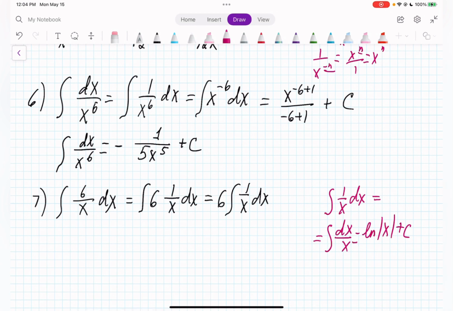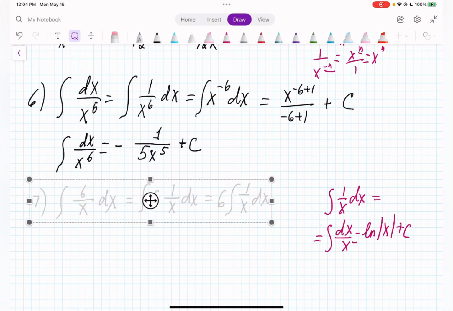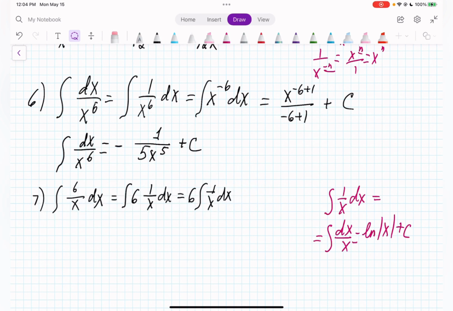the natural logarithm of the absolute value of x plus c. Okay, so accordingly it's going to be equal to 6 times the natural logarithm of the absolute value of x plus c.